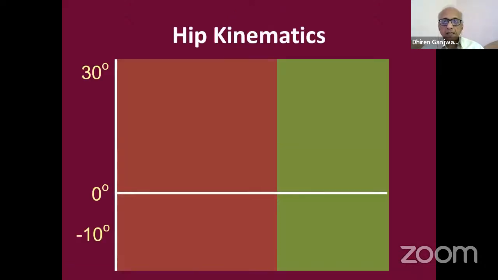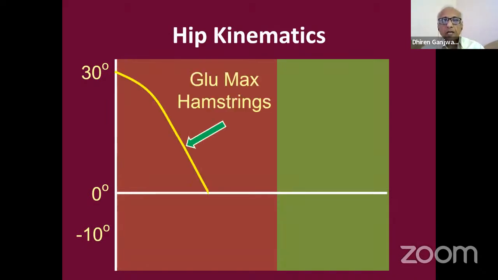So if we summarize the hip movement which is taking place, it's very easy compared to the knee joint. The initial extension is by the gluteus maximus and by the hamstrings. The second extension beyond neutral is by the ground reaction force.